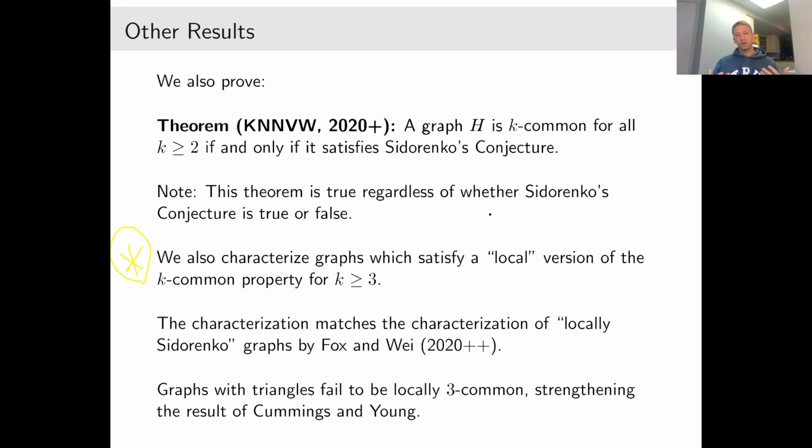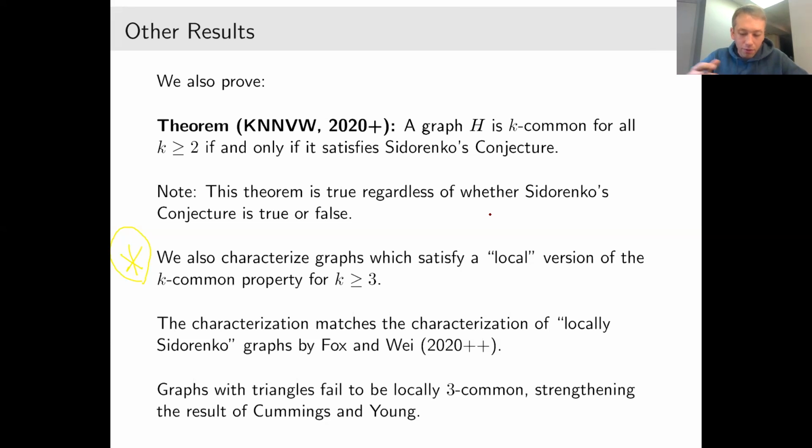Roughly, this local version says that if you have a coloring of the complete graph where every color class is quasi-random, or close to a random coloring within some tolerance, then you get the right number of copies of the graph.